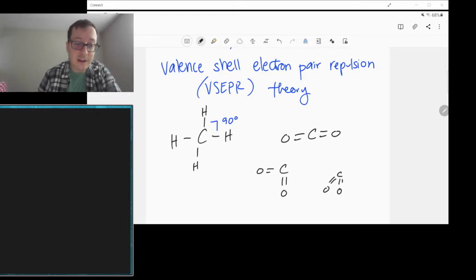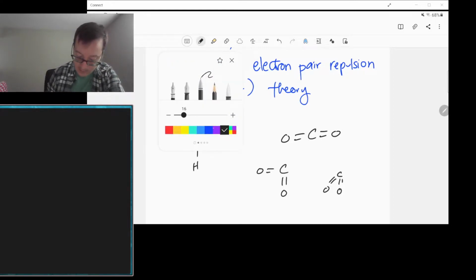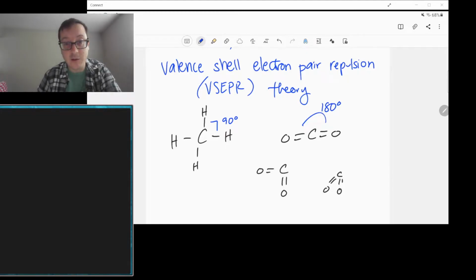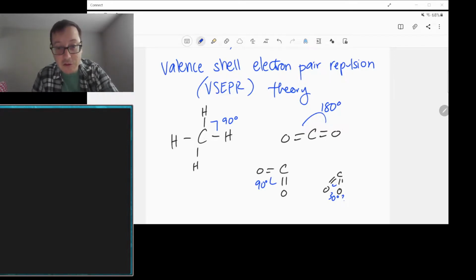But if we understand that oxygens, as the outer atoms of this molecule, would repel each other, we can see that this one on the top is going to be the best of all of those. This one will have bond angles of 180 degrees on either side. If we look at this one, we have a 90-degree angle, and I don't even know here, 30 degrees? Like, completely absurd. If they repel each other, there's no reason they would be close to each other at all.